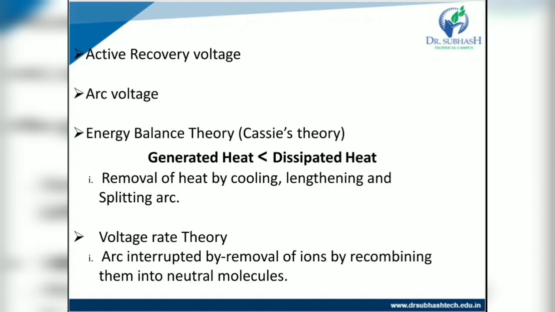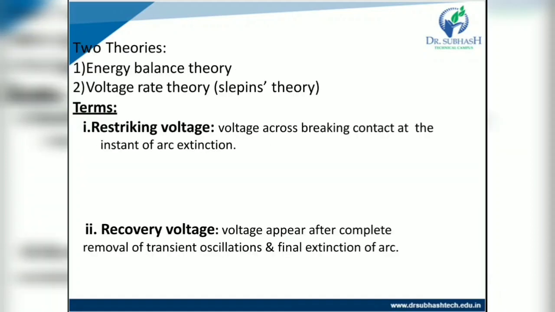Then the other is the voltage rate theory: the arc is interrupted by removal of ions by recombining them into neutral nuclei. So there are two theories, the energy balance theory and the voltage rate theory.